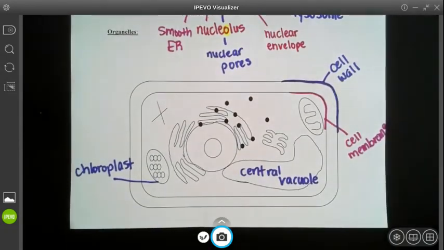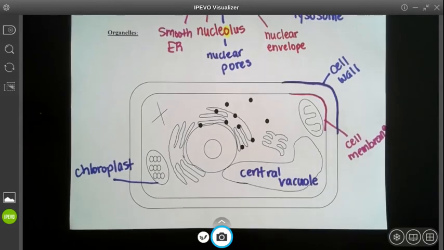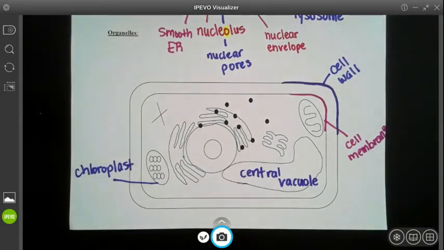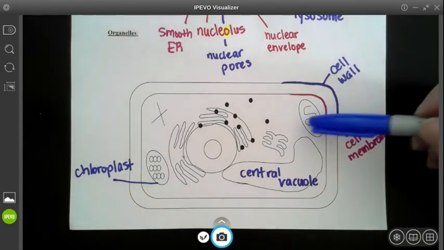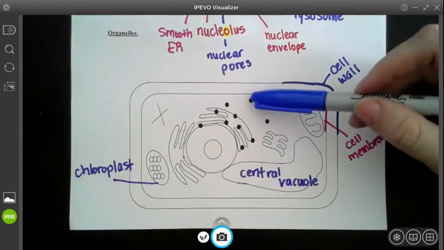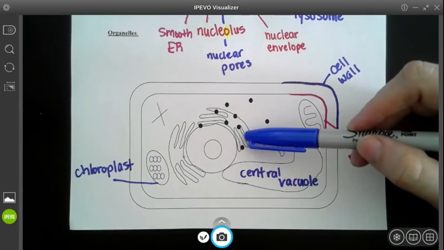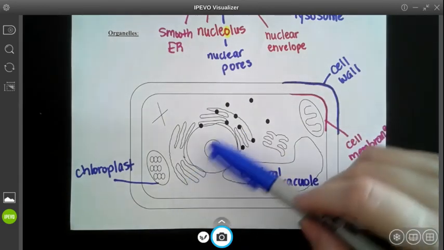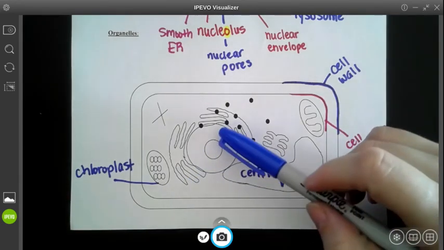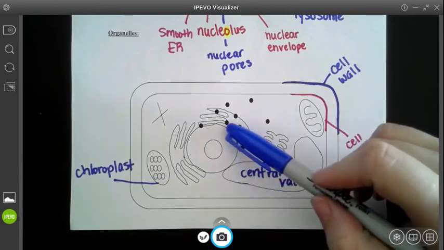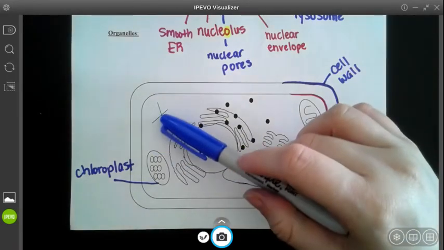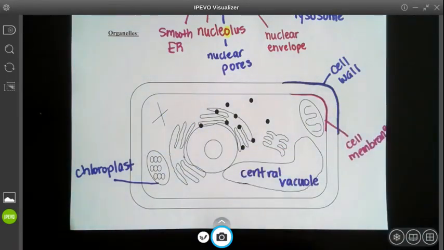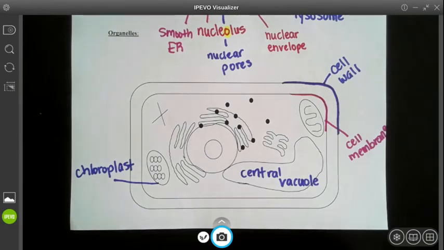The plant cell includes all of the same organelles, mainly, except there are a couple that are not found in an animal cell. So again, we have mitochondria, Golgi apparatus, ribosomes, rough ER, smooth ER, nucleolus, nucleus, nuclear envelope, and cytoskeleton.